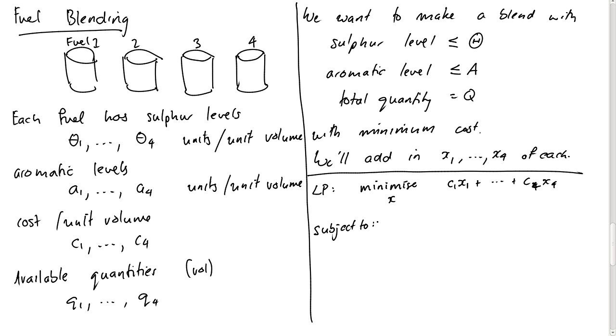Well, I've got my sulfur constraint. So look at the amount of sulfur altogether: theta1x1 through to theta4x4, and that's got to be less than or equal to the sulfur level theta per unit volume times the total volume. Okay, so that's my sulfur constraint.